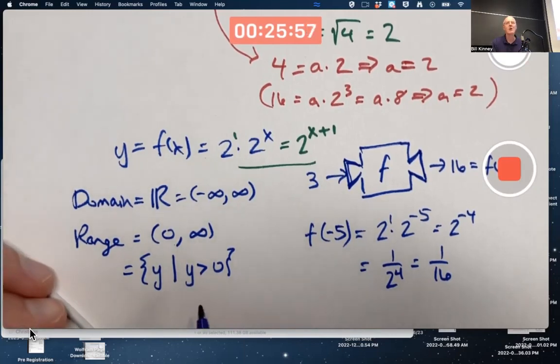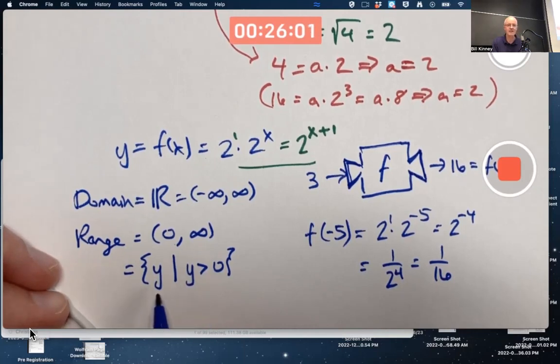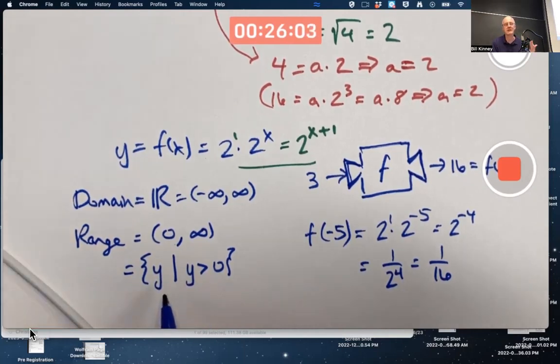I like doing it though. It's a bit more official. You read this as the set of all Y, Y is understood to be a number here, such that, or with the property that Y is positive. The line means such that, or with the property that. It's emphasizing it's a collection of numbers.